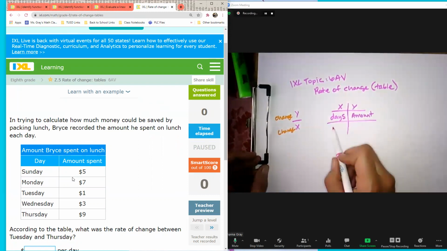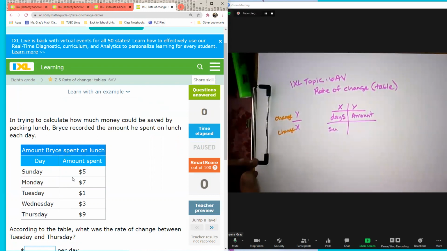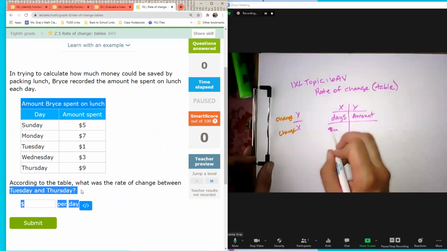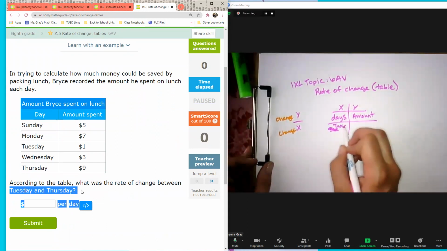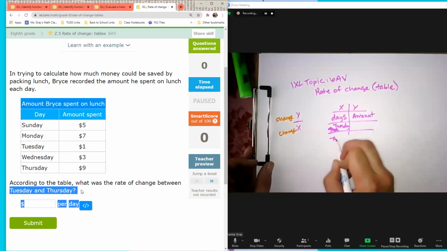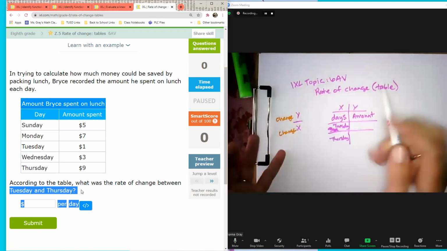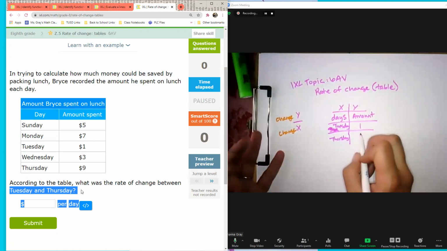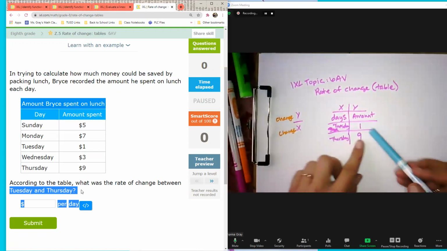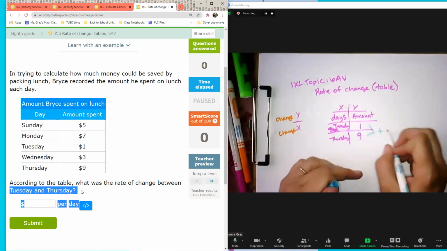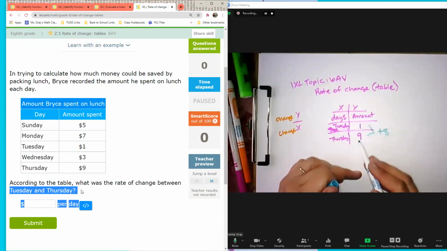So if I go down that table, Sunday, but let's read the question before I start writing stuff in, because here it says, what's the rate of change between Tuesday and Thursday? So let's not worry about Sunday. Let's look at Tuesday and Thursday, because really I'm just comparing those two things. So this is 1 for Tuesday and 9 for Thursday. So you're literally checking how much does the Y side change? This changes by going up 8, right? 1 plus 8 is what gives me 9.